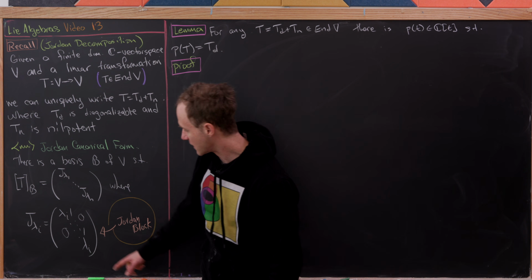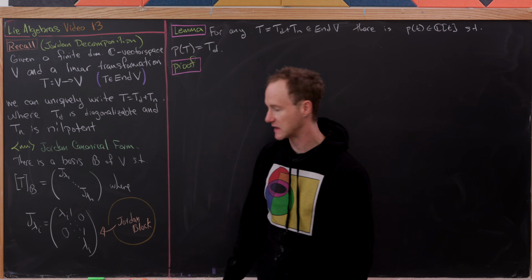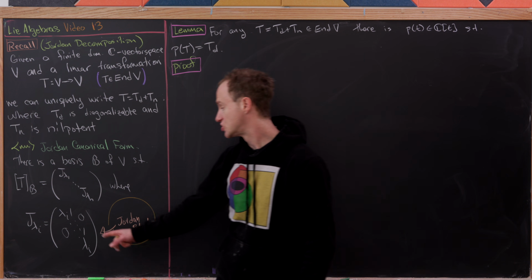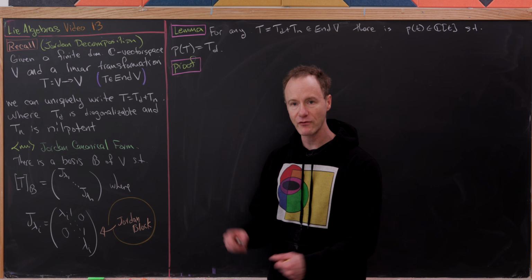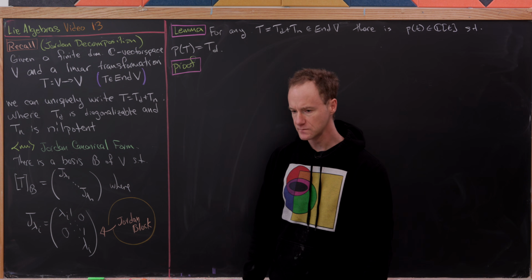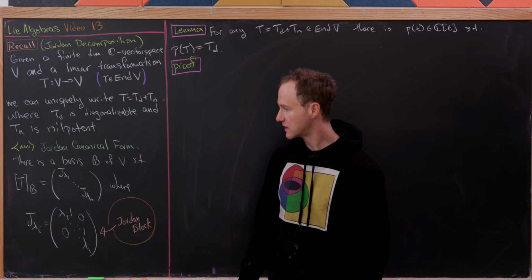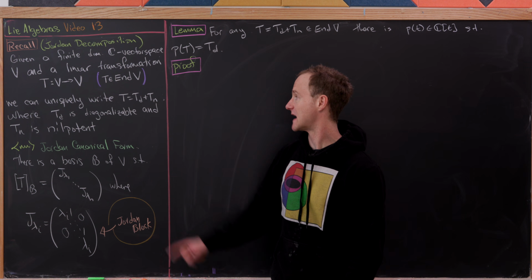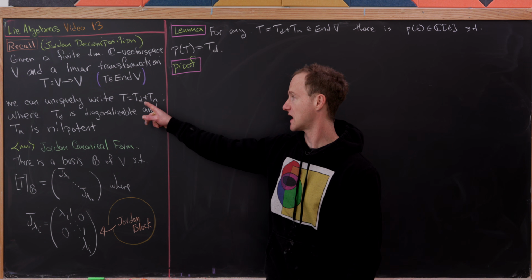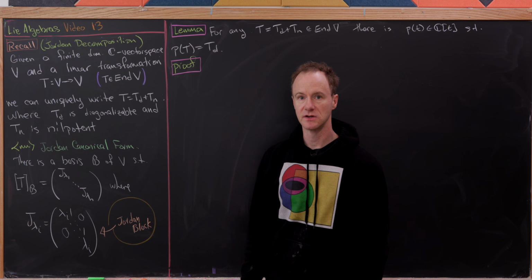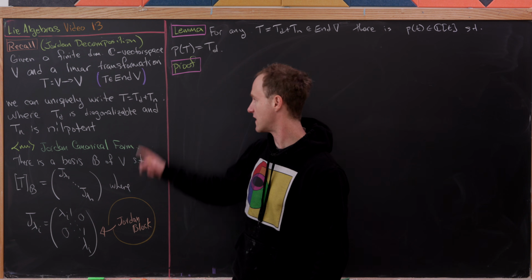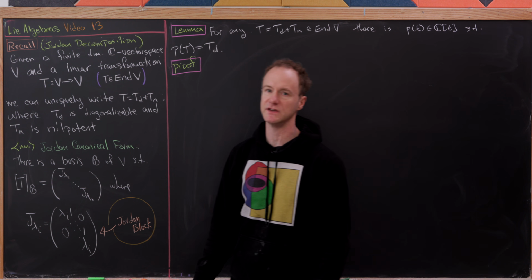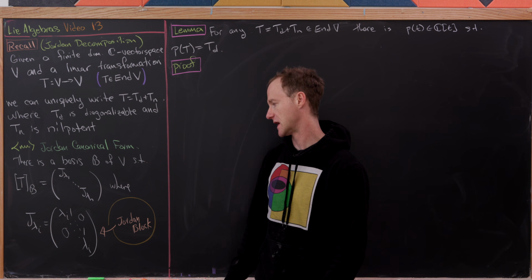What you have here is on the diagonal, you've got lambda i, and then just above the diagonal, you have a bunch of 1s, and then everywhere else you have 0. So now we can clearly see what the diagonalizable part is and what the nilpotent part is. The diagonal part will just be all of these lambda i's, and the nilpotent part will just be all of these ones that are above the lambda i's.